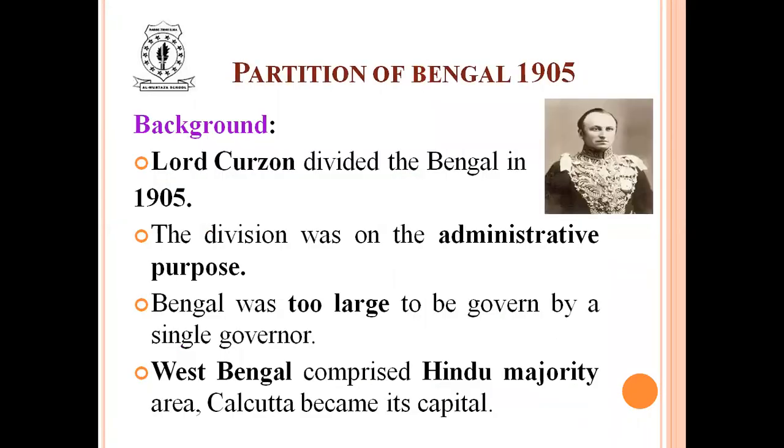Okay, what was the background? Why did the British actually partition the Bengal? Lord Curzon divided the Bengal in 1905, and the main purpose of this division was administrative. The British thought that Bengal was too large to be governed by a single governor. At that time, West Bengal comprised a Hindu majority, as I've already told you in the previous slide, and Calcutta became its capital.